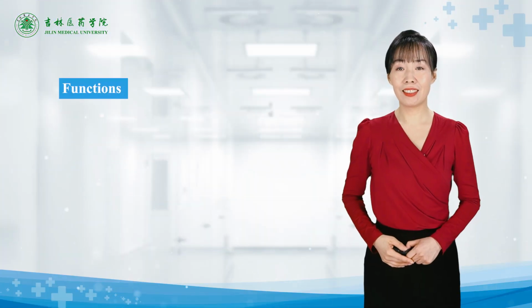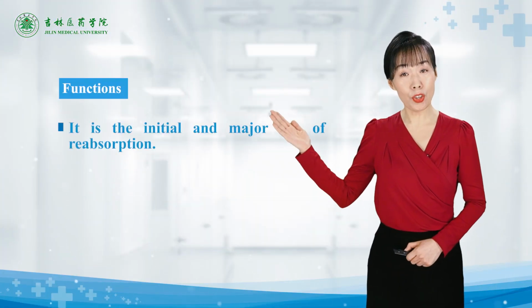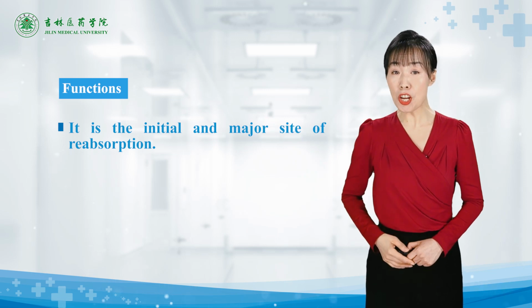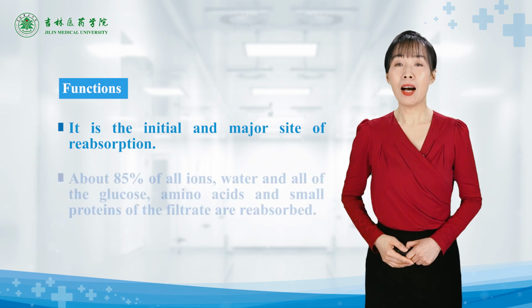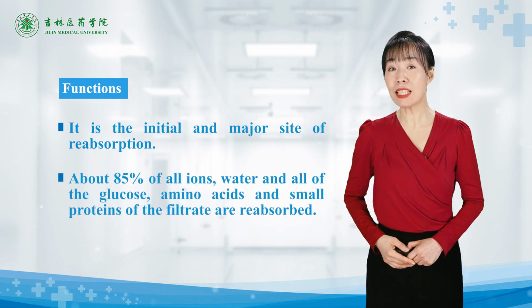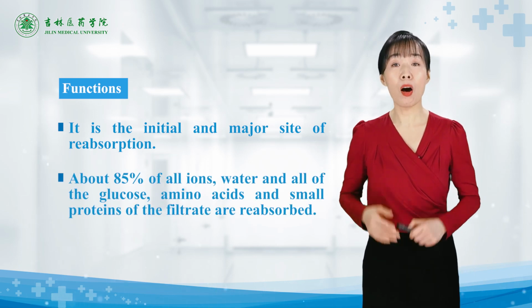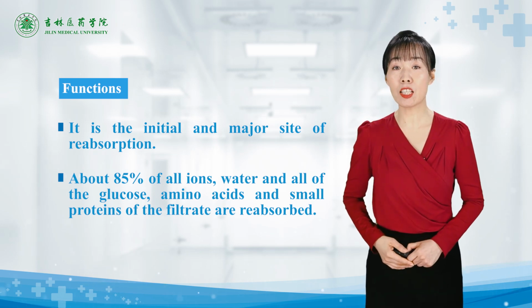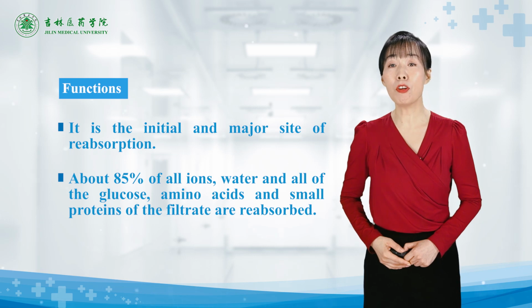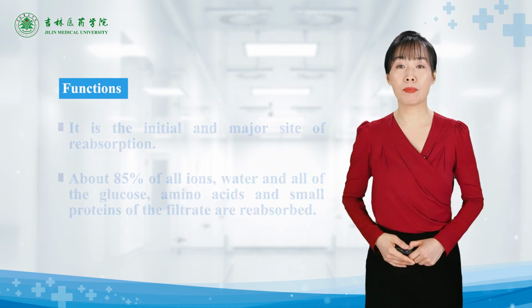Functions. Proximal convoluted tubule is the initial and major site of reabsorption. About 85% of all ions, water, and all of the glucose, amino acids, and small proteins of the filtrate are reabsorbed.